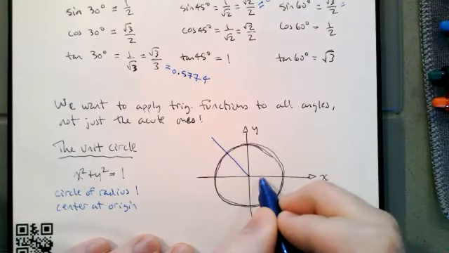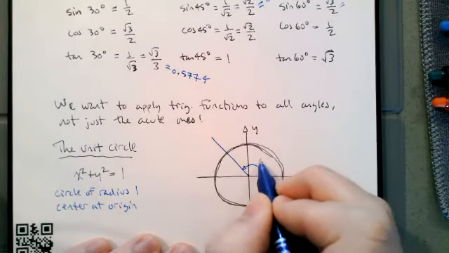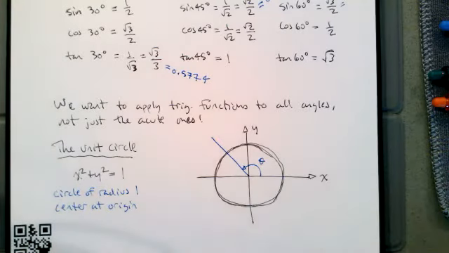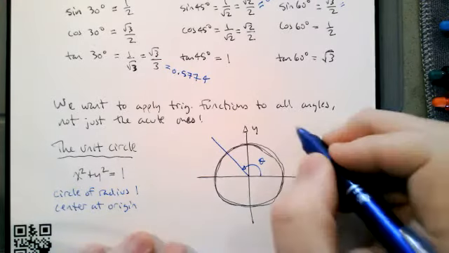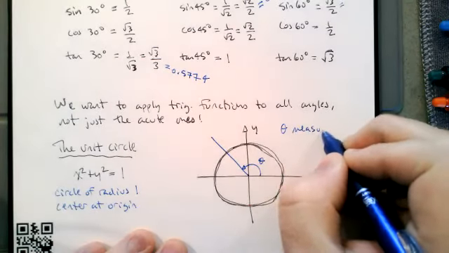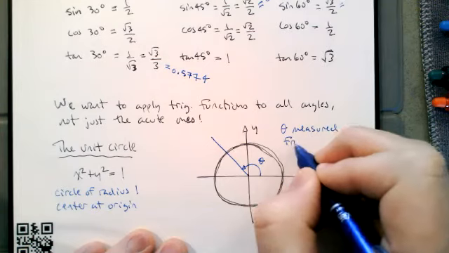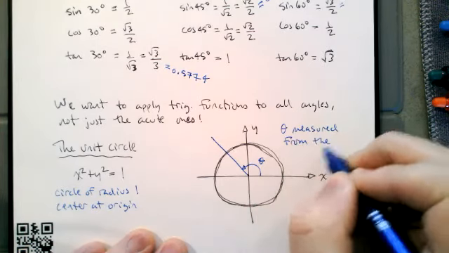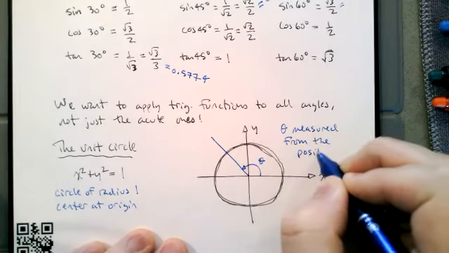Theta is measured from the positive x-axis counterclockwise. This is how we're going to establish angles bigger than 90.